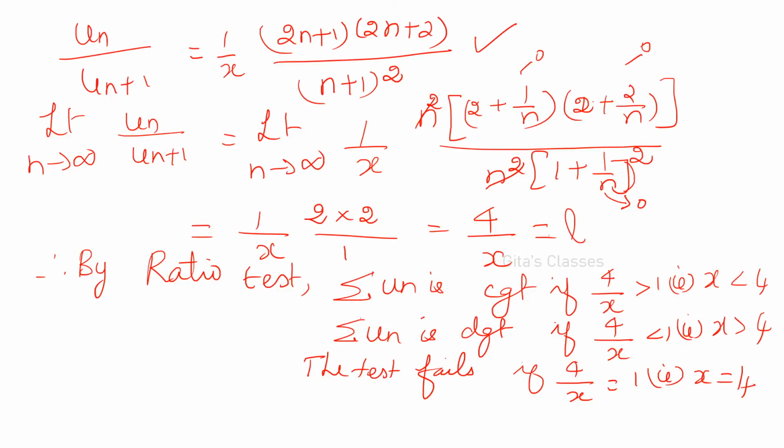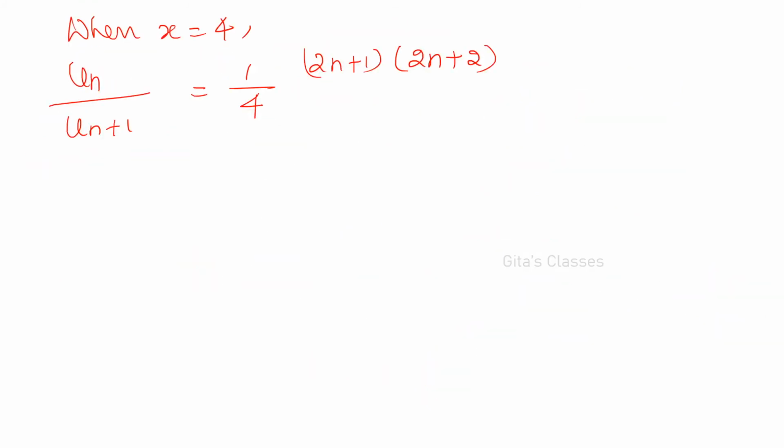X is equal to 4. So 1 by x is 1 by 4 into 2n plus 1 into 2n plus 2 divided by n plus 1 the whole square. Right. Now I can take 2 outside from this term.